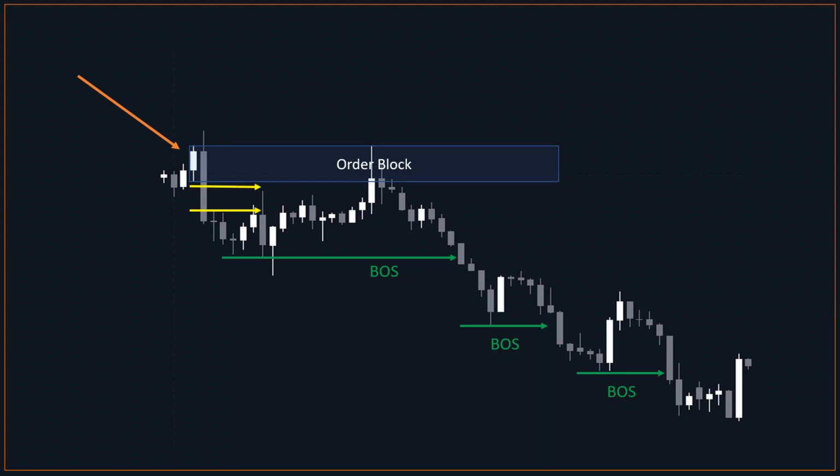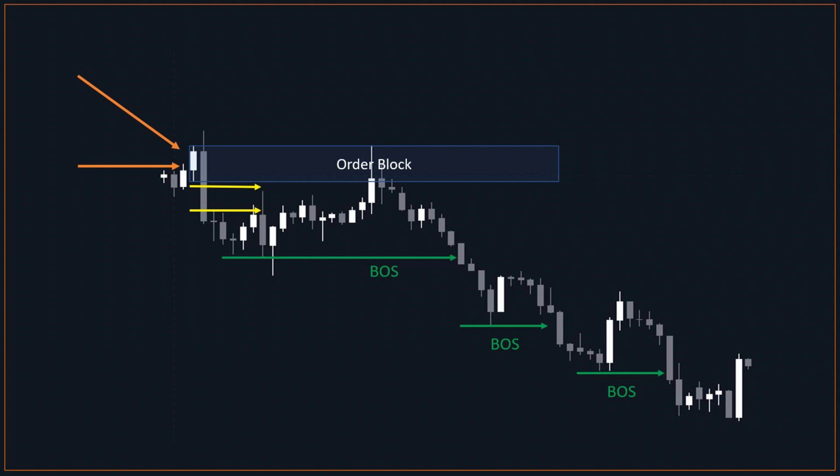And down here we notice a fair value gap. So we have a fair value gap right here. And again, our order block candlestick has taken out the high of the previous candlestick, and therefore it makes our order block a valid order block.